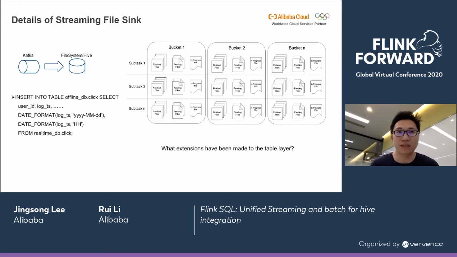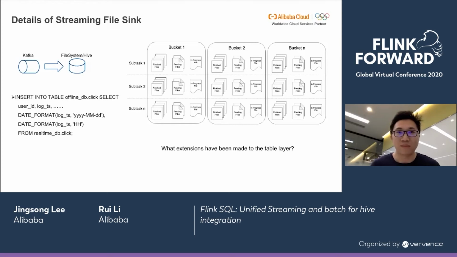Since distributed computation is unreliable, files need to be committed through two-phase commit plus file renaming. It manages the organization and writing of files. So the streaming file sync already provides exactly-once file sync.